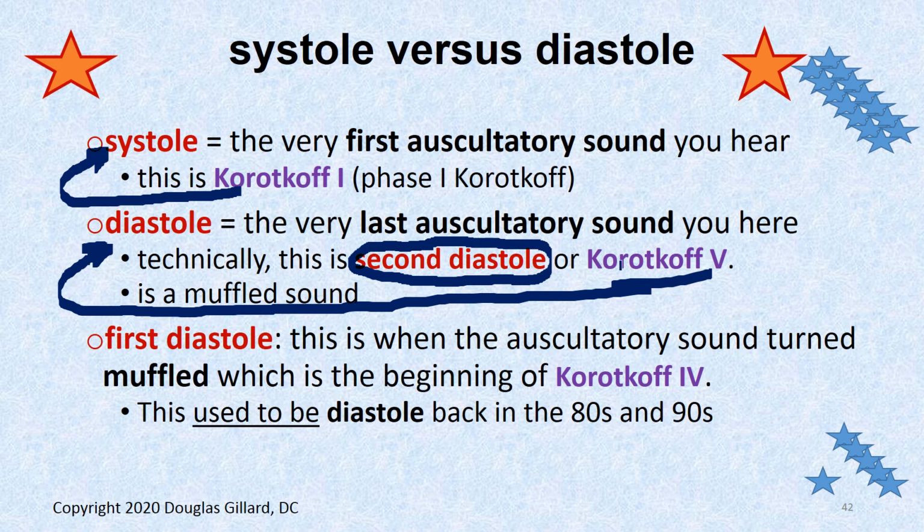But technicians and nursing assistants weren't very good at picking that up. So they changed it, I think in the 90s. They changed it to Korotkoff 5, which is second diastole. Okay, but you should definitely know the difference between first diastole and second diastole.